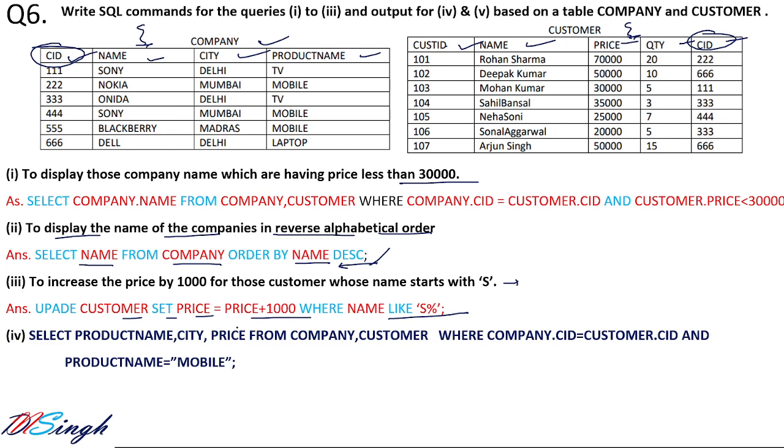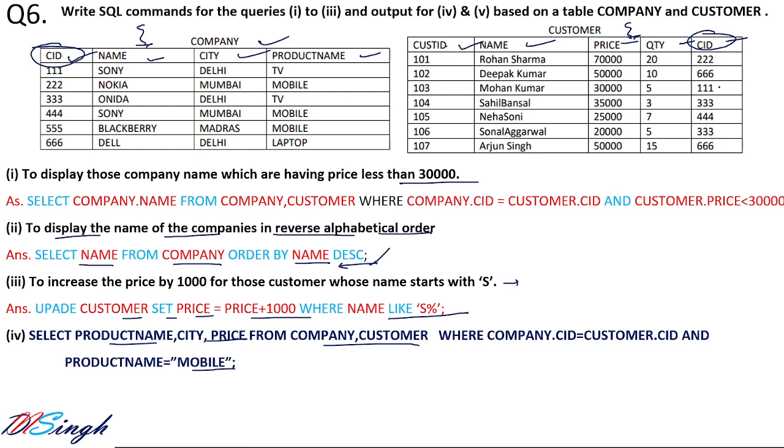Next, select the product name, city, price from company, customer where company.cid equals customer.cid and product name is mobile. Now they have given the query, we need to give the output. So product name, city and price we want, but the common column we need to see is CID. For CID, let us check it out.